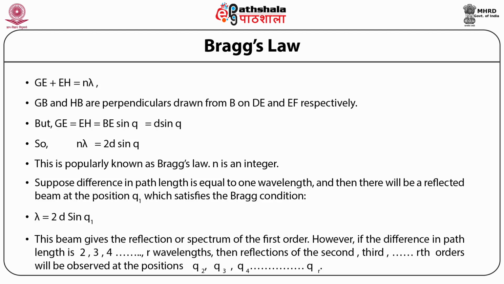However, if the differences in path length are 2, 3, 4, etc. wavelengths, then reflections of the second, third, fourth, etc. orders will be observed at the positions theta 2, theta 3, theta 4, etc., theta r.